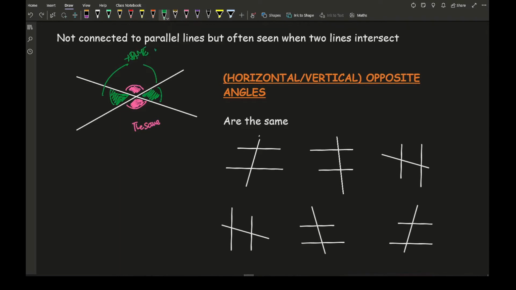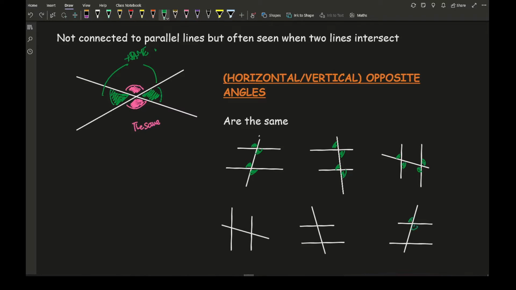So in terms of this, if I had to mark what angles are opposite, so these two angles here are opposite, those two angles there are opposite, this angle here is equal to this one here, this angle here is equal to that angle there, and this angle here is equal to that angle there.